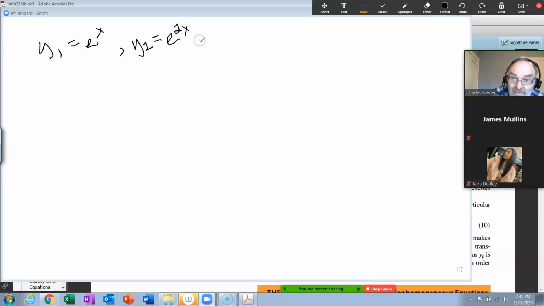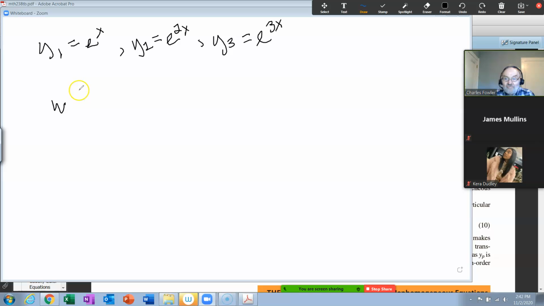And y3 is equal to e to the 3x. Now, they just happen to have subscripts and superscripts being similar. Okay. Now, we've already verified that they do satisfy the third order equation. What we haven't done is verify that they are linearly independent. How we verify that is the Wronskian.